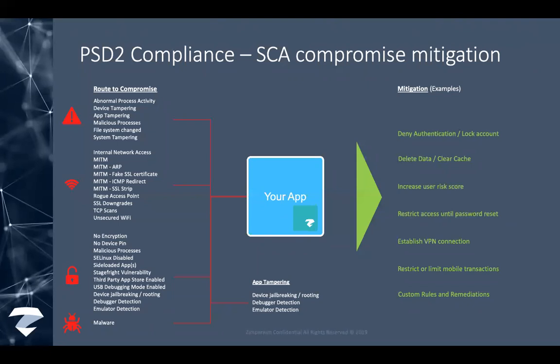So I can get into your device over the network. Any type of malicious processes and activity, we're going to detect and report back to you so you can mitigate. The health of your devices, encryption, pins, side-loaded apps, any types of operating system vulnerability, or we actually make you aware of the operating system version that your customer is running, and you can make decisions based on that.